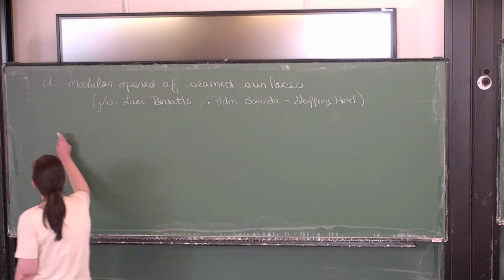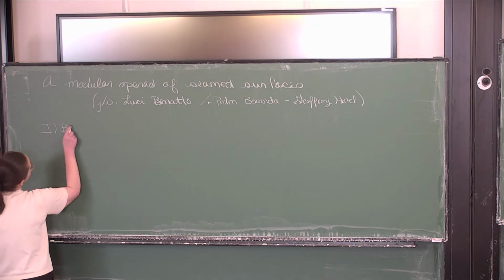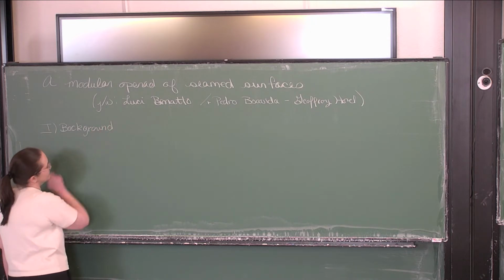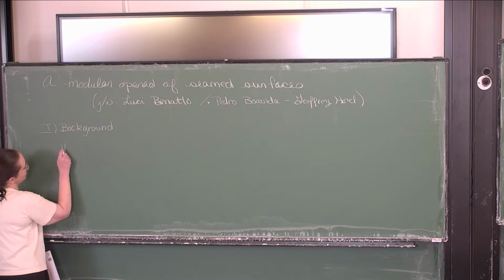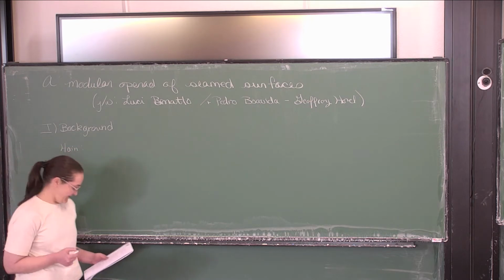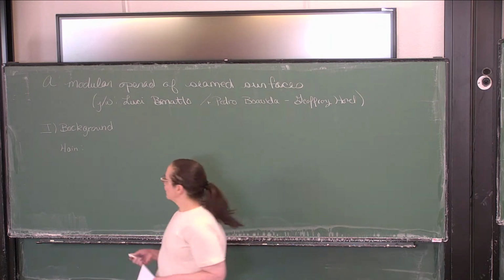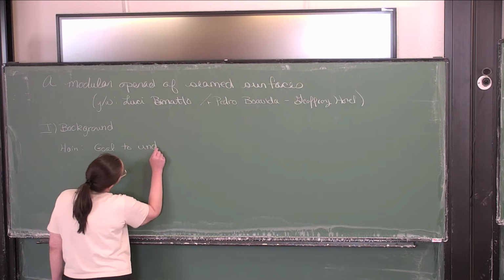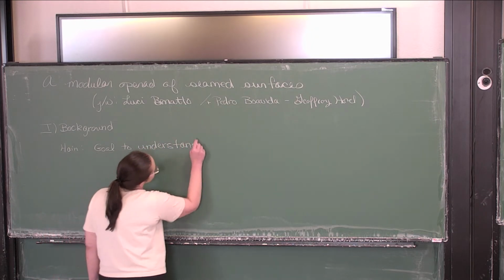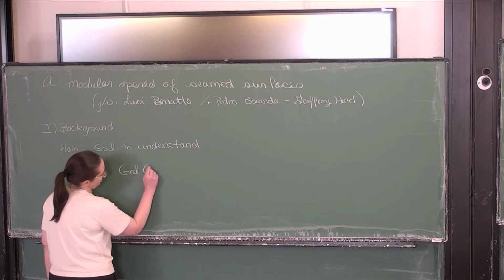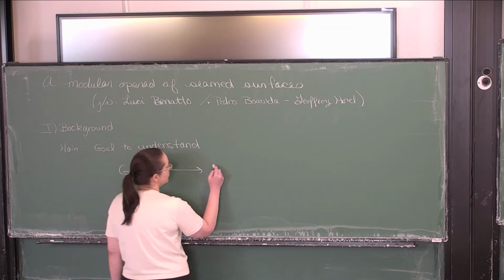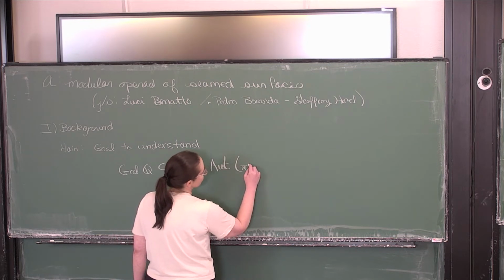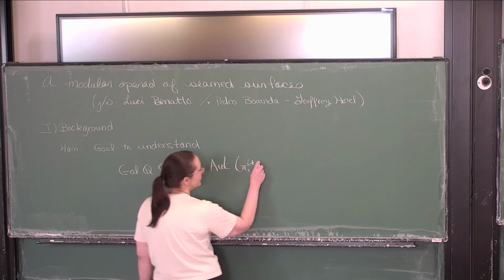I want to start with some background that we've been hearing throughout the week. On Monday there was this meeting here, and we had this goal of understanding Galois actions on the automorphisms of the moduli spaces by looking at their actions on the fundamental groups.